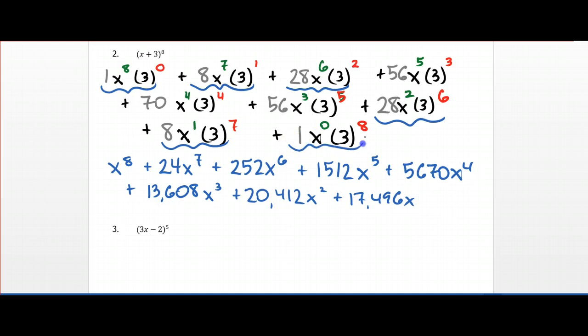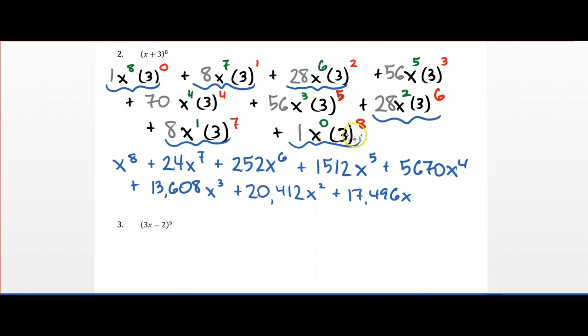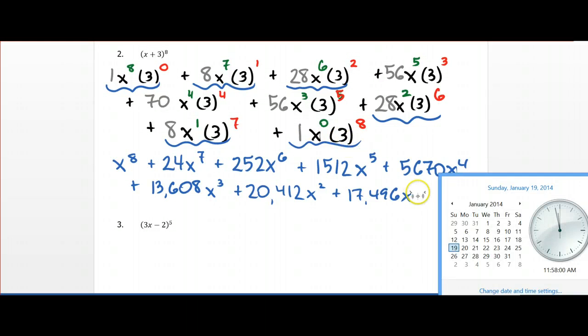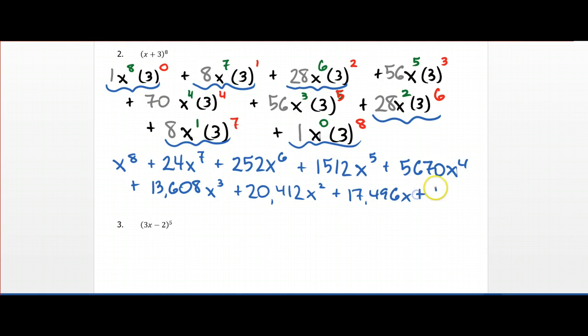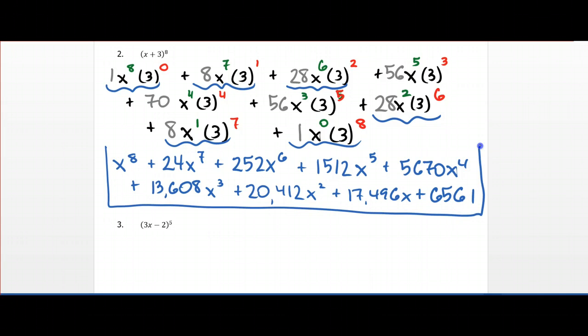And then the last term, it's just 3 to the 8th times 1, so 3 to the 8th is going to be 6561, and x to the 0 means there's no variable on that one, so it's just 6,561. So you get this polynomial here, this 8th degree polynomial with 9 terms.